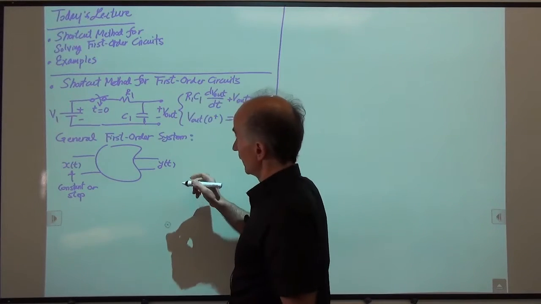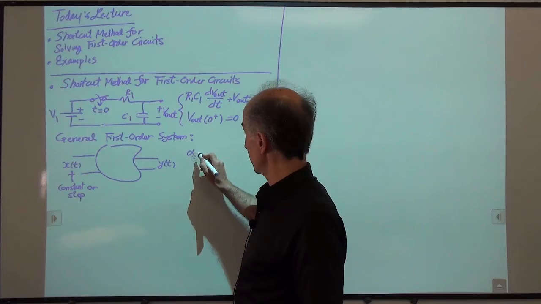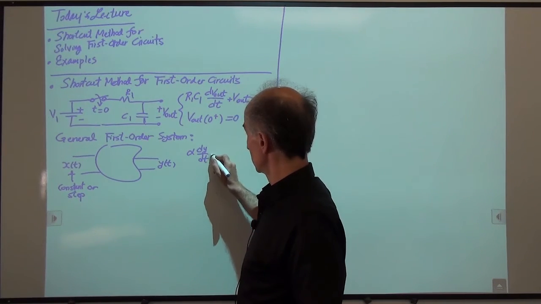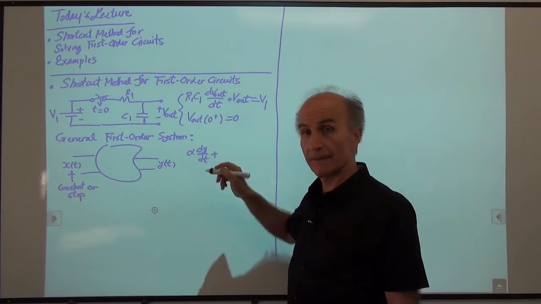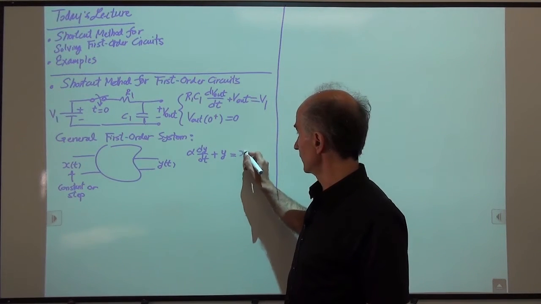So the differential equation governing the circuit will always be of this form. It will be alpha dy over dt, where alpha is just a constant, some number, plus y is equal to x of t.